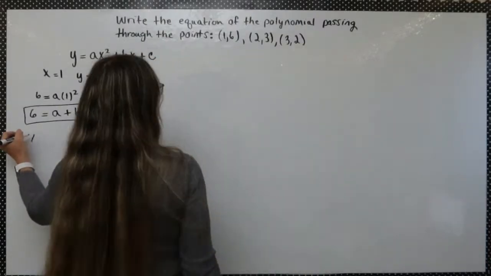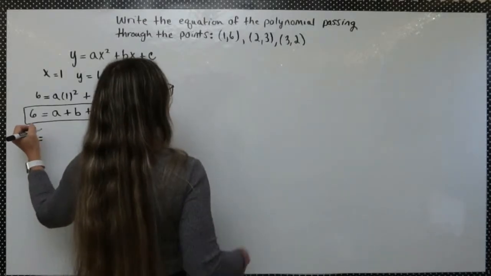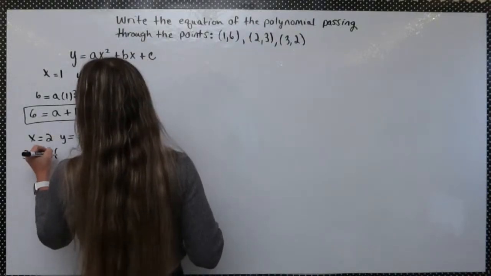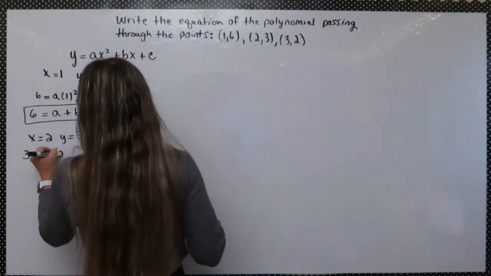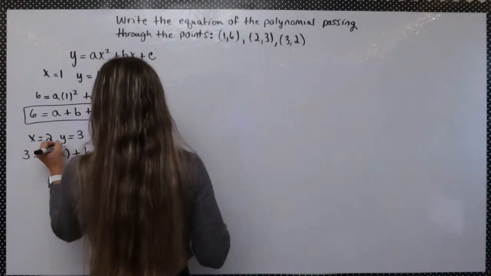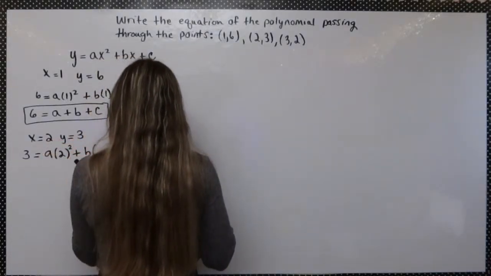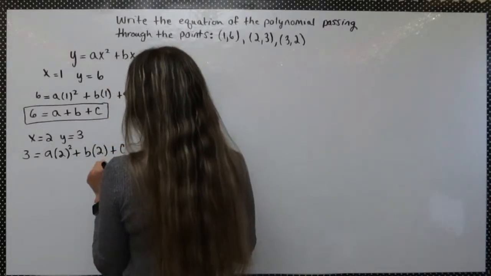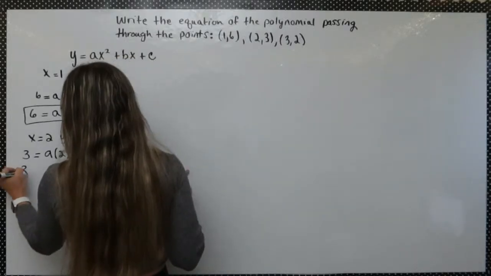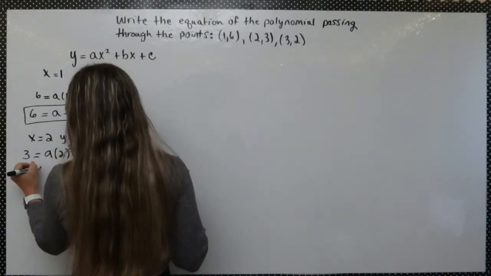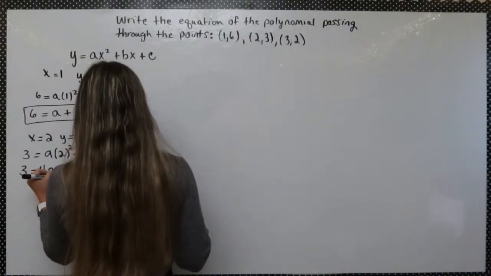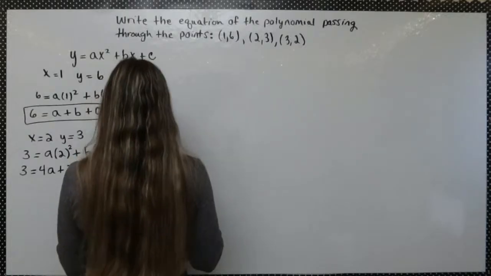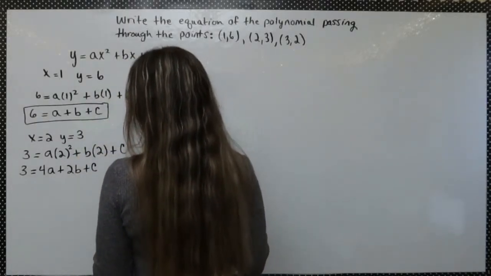When x is 2 and y is 3, we get 3 equals a times 2 squared, don't forget to square it, plus b times 2 plus c. Simplifying, 2 squared is 4, so we have 3 equals 4a plus 2b plus c. We'll box that one.